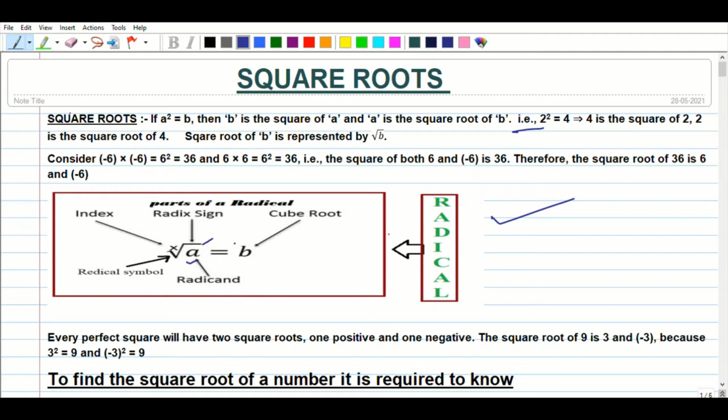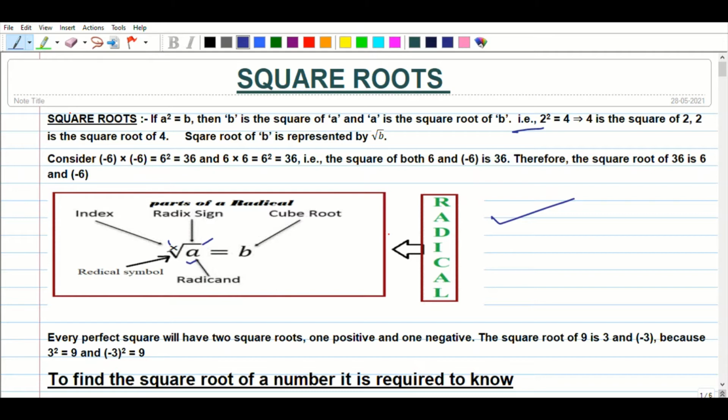Here b is the cube root of a, and x, which will be 2, 3, 4, 5, 6, is known as the index. These are the parts of a radical.